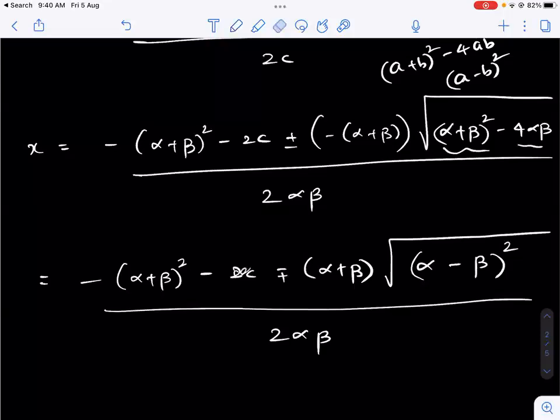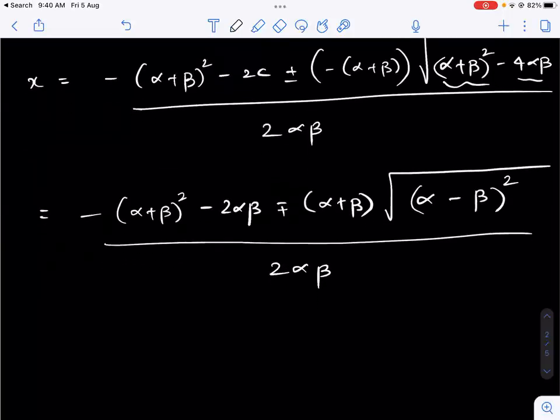Here also, in the place of c, can I write it as alpha beta? You almost got it. Two more steps will get the answer. Is it clear till this step?